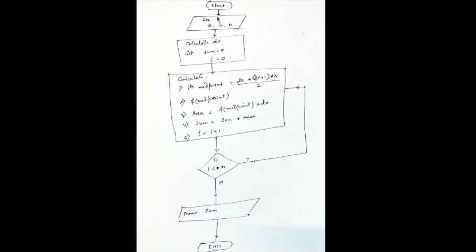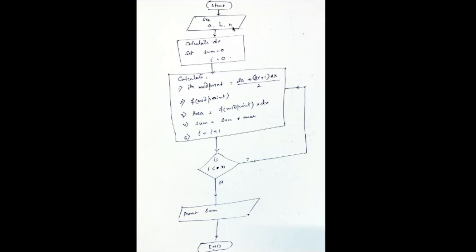Then the next stage of the program is you have to set the values of your initial limit, which is A, your final limit, which is B, and the number of strips in which you are dividing your interval, that is n.